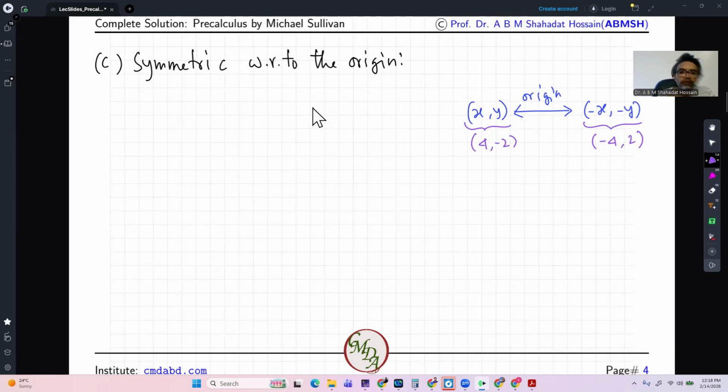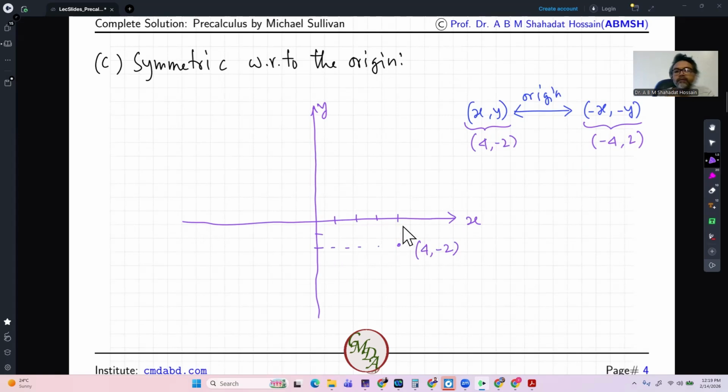Now we'll draw these two points. This is 4, minus 2: 1, 2, 3, 4, and 1, 2, and we have the point 4, comma, minus 2. You can put a dot if you like.